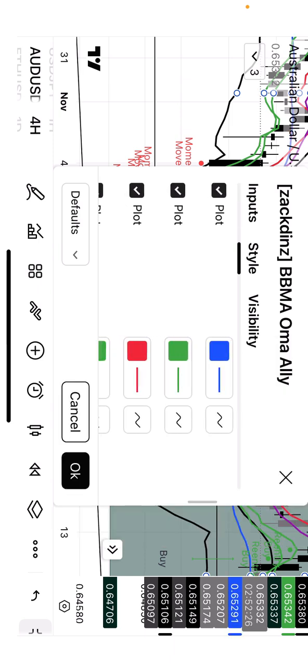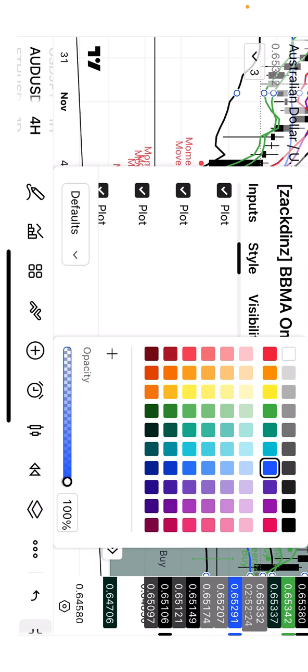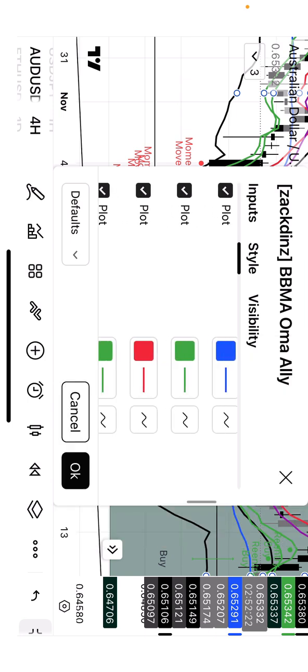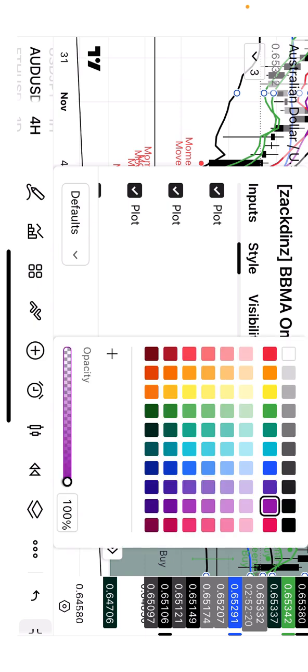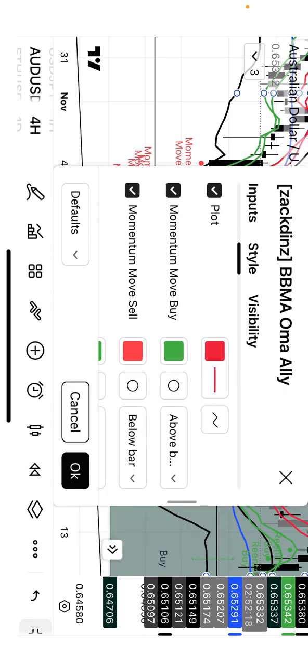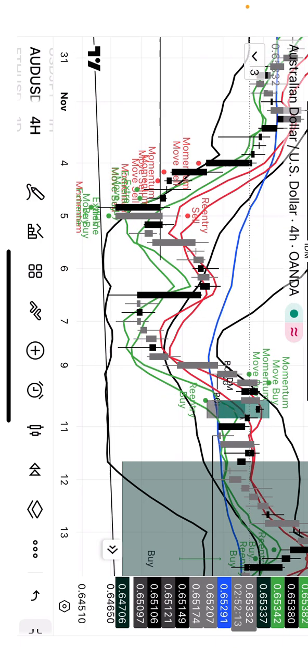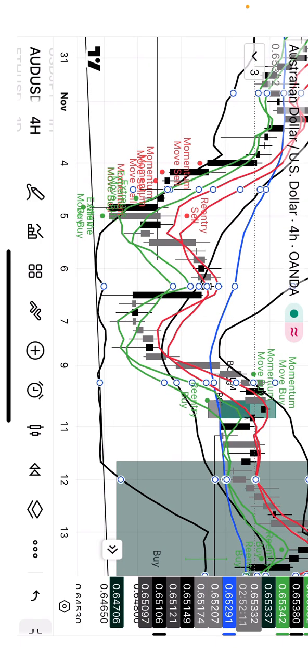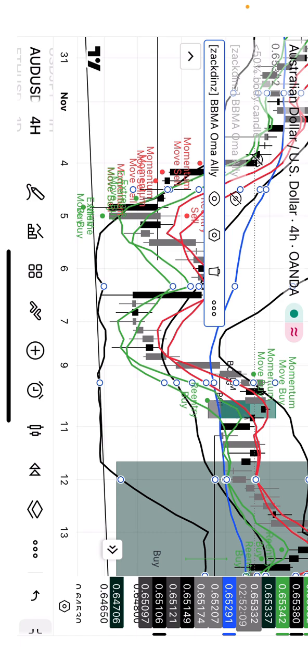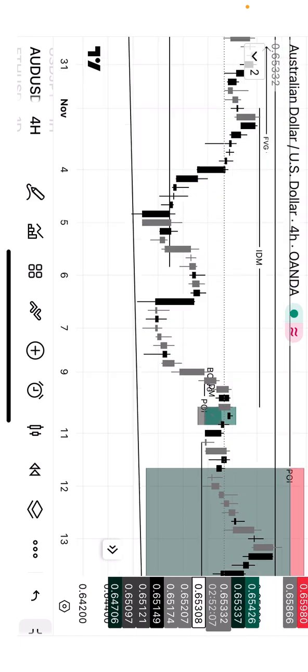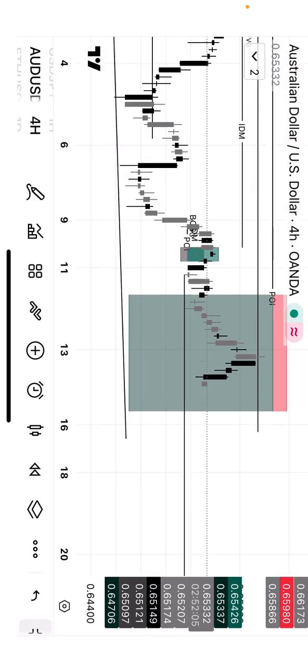This one is supposed to be green. This one will be blue. So green, red, green, and red. So you see now, this will be all set like this. Any question, you can still ask me. That is all for this.